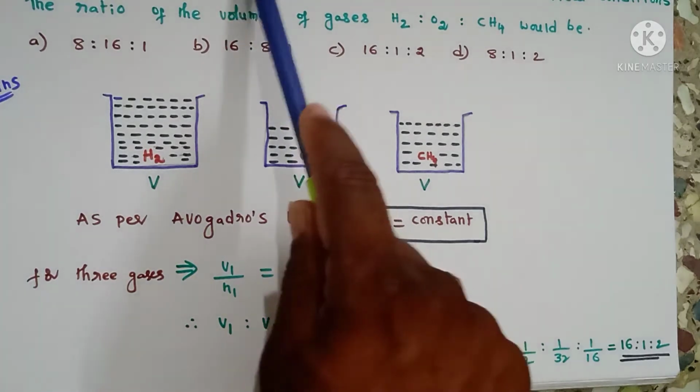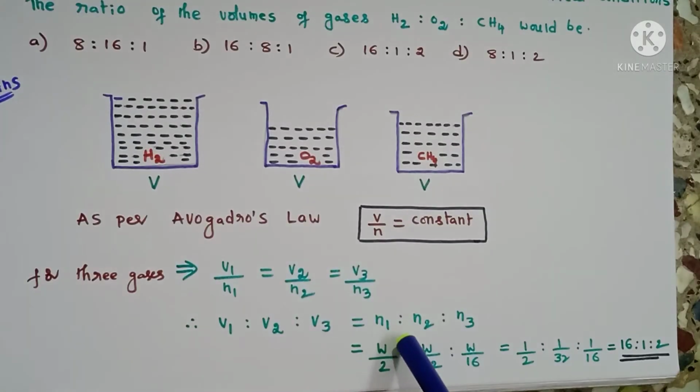N1 means hydrogen, number of moles of hydrogen, that is weight by its molecular weight, 2. N2 stands for oxygen, weight by its molecular weight, 32. N3 stands for methane, weight by 16, the molecular weight. Then you will get 1/2 : 1/32 : 1/16. If you multiply this with a suitable number, that is 32, then you will get 16 : 1 : 2. So which option is correct?